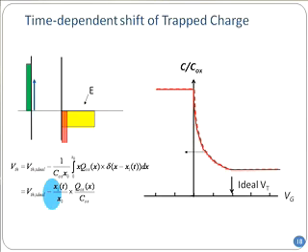Okay. Now this is what I was trying to tell you about, the 1960s and the time-dependent shift of charges. The experiment is in the next slide, but the essential point is this. When you make a MOSFET, you expect IV characteristics. Now let's say in the morning you came to work and you measured the IV characteristics.